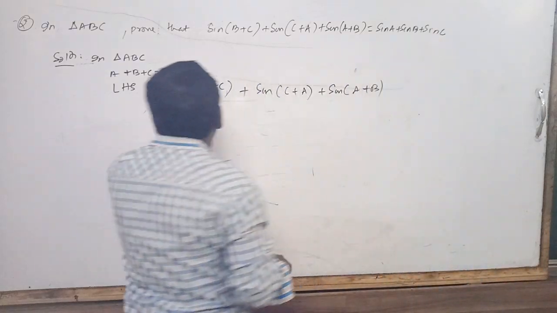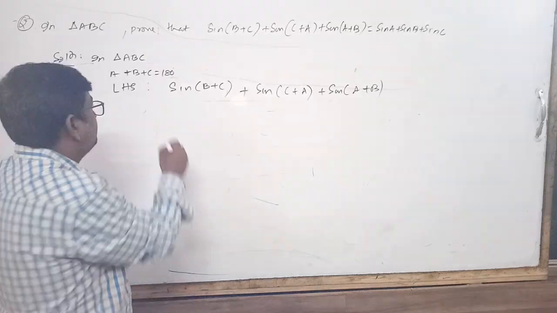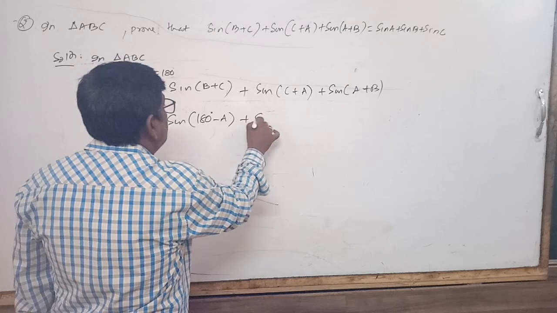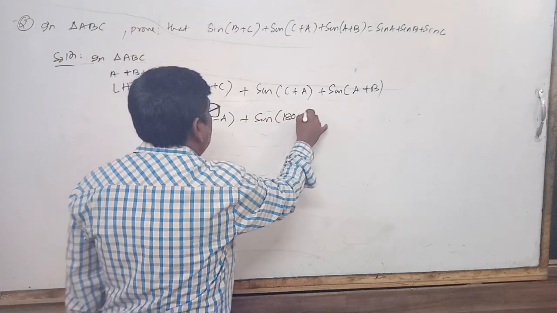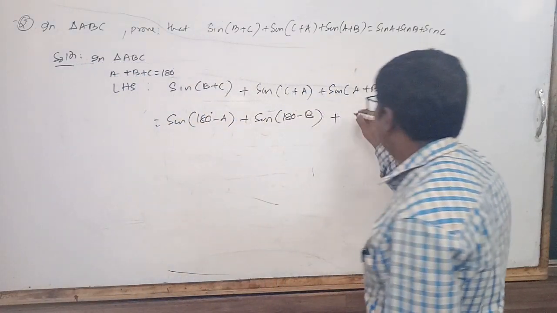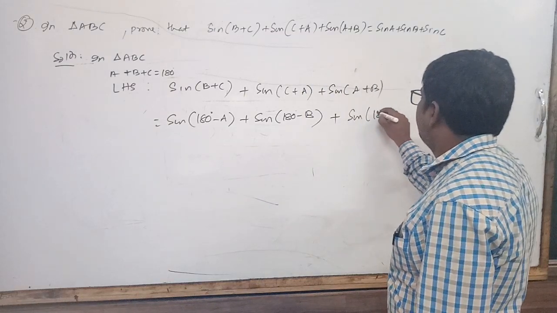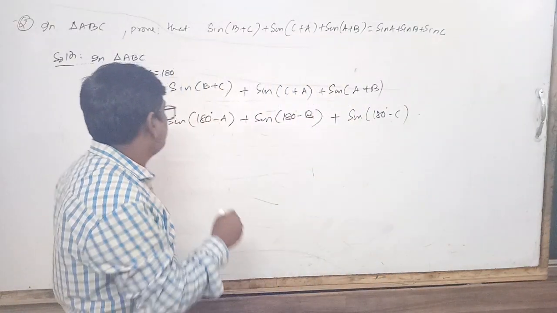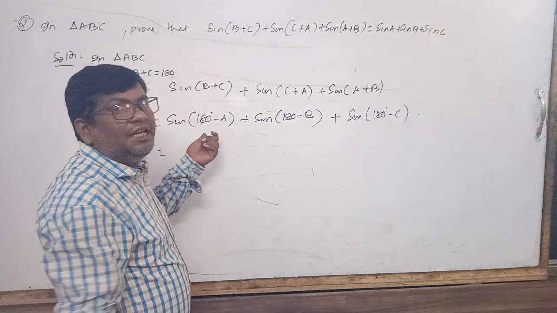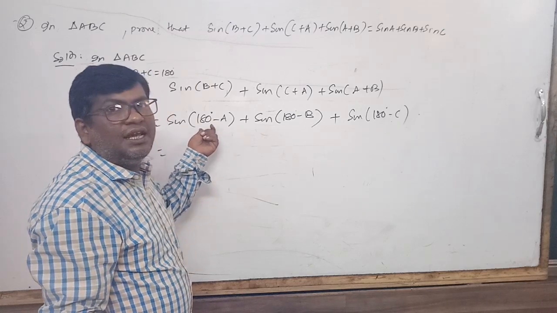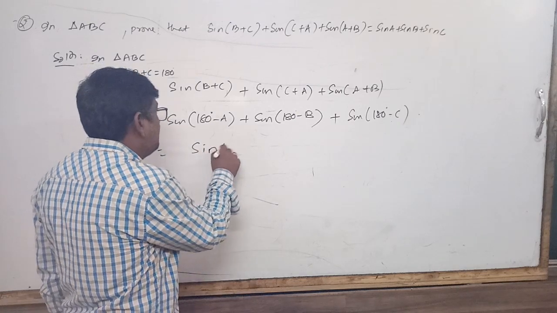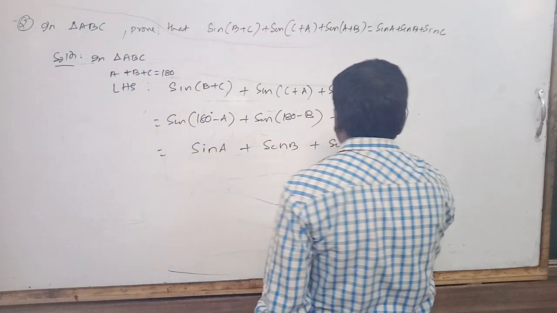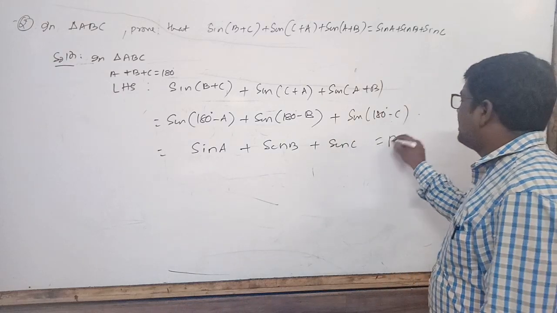B plus C means 180 degrees minus A, so sin(180 degrees minus A), sin(180 degrees minus B), and sin(180 degrees minus C). 180 degrees minus A lies in the second quadrant, so it is sin A. Similarly this is sin B, and this is sin C. As proved, this is RHS.